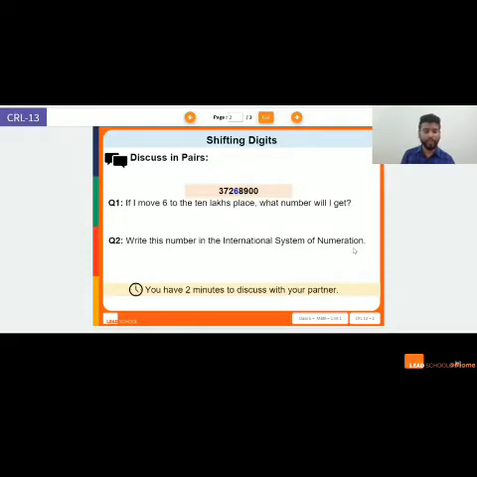So students, we already know that there are two kinds of numerations, the Indian system of numeration and the international system of numeration. For Indian system, we start from the right side, we go by 3, 2, 2, 2, so we take in those intervals. For international system, we will do 3, 3, 3 and so on and so forth. Alright, you have 2 minutes to think of your answers.